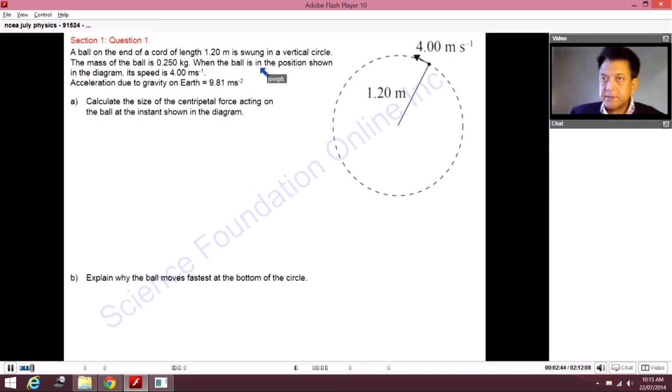And when the ball is in the position shown, which is somewhere here, its speed is 4 meters per second, which is what they have indicated in the diagram. Acceleration due to gravity on Earth, we are supposed to take it as 9.81 for this question. Calculate the size of the centripetal force acting on the ball at the instant shown in the diagram.